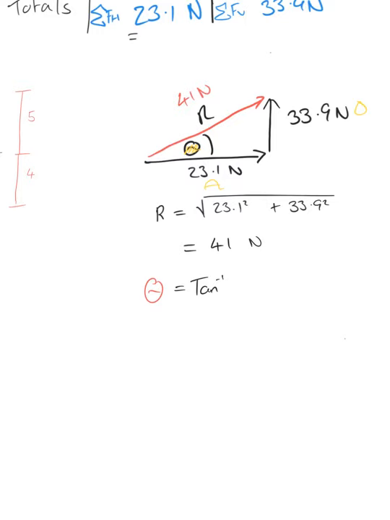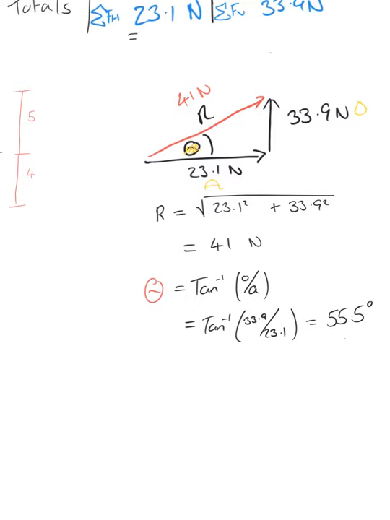You might need to go over your trigonometry to remember that. So it's going to be tan inverse of 33.9 over 23.1, which should work out to be 55.5 degrees.